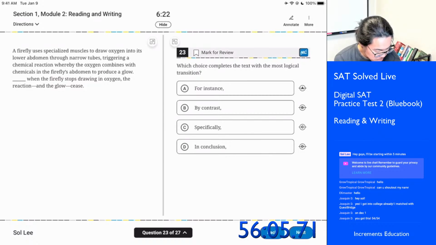That's a good question. A firefly uses specialized muscles, triggering a reaction whereby the oxygen combines in the abdomen. Specifically, wait, hang on. Cease. As a result, wait, hang on.